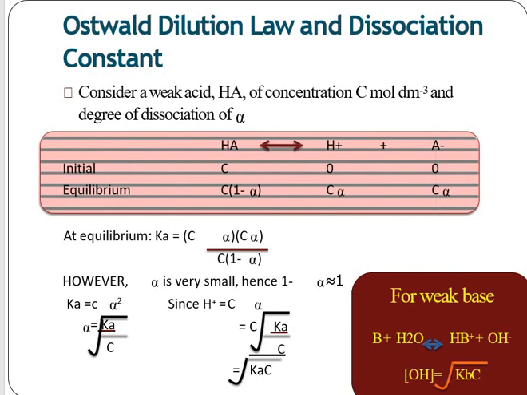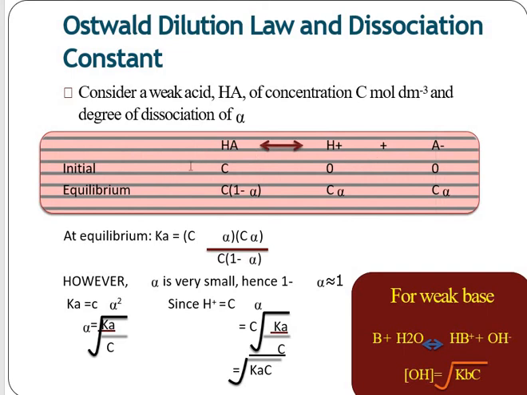Alpha is considered as the degree of dissociation and C is the concentration, and HA is a weak acid. So what will happen? A weak acid does not dissociate completely in aqueous solution. So H plus ions and A minus ions will be produced in aqueous solution, but the concentration is less.